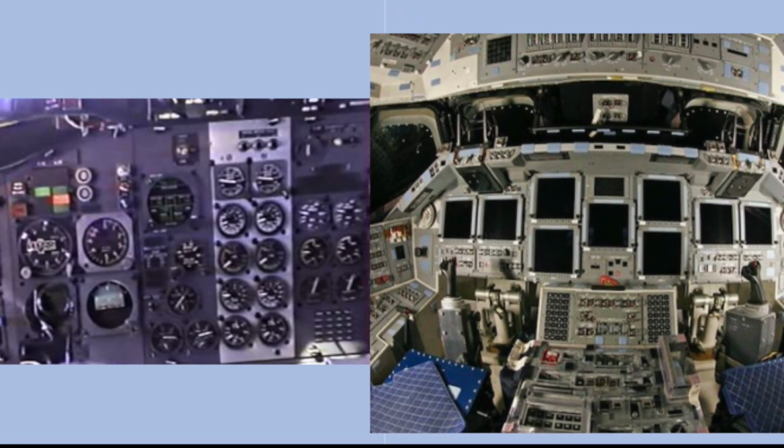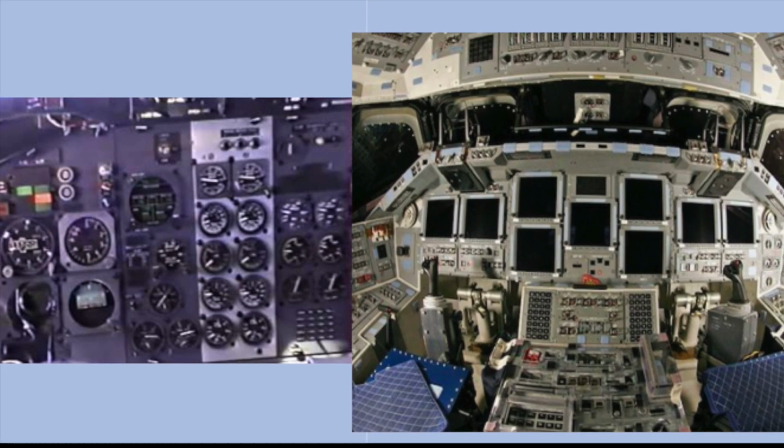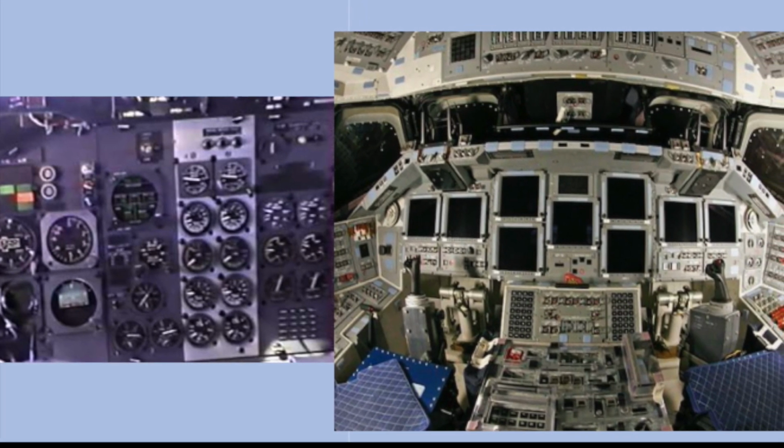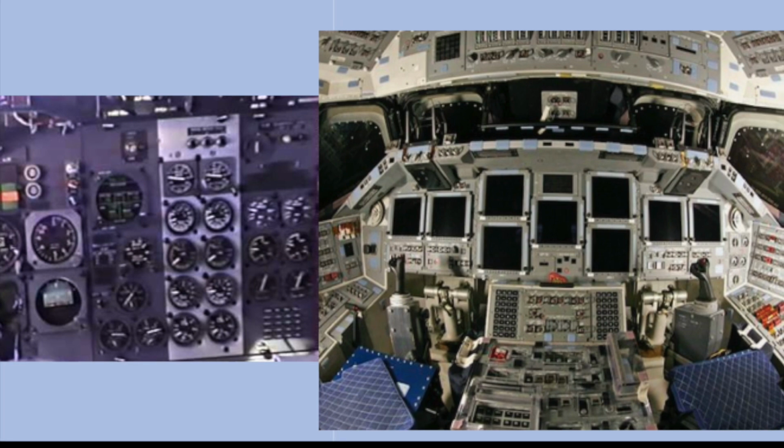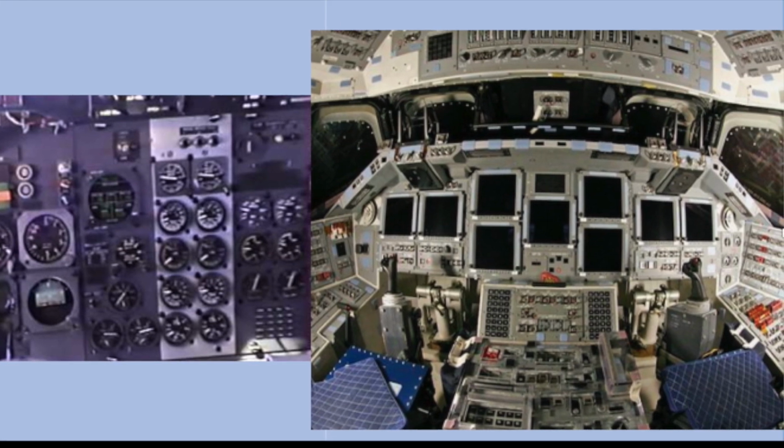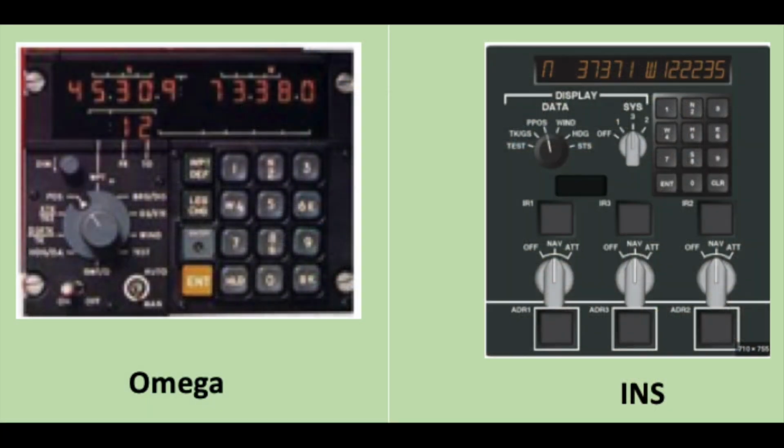We left the analog, which you see on the 707 panel, for the digital, and on the space shuttle. I talked about the system used, the inertial navigation, which was a standalone system. And the other system I mentioned briefly in the first video of the Navigator was the Omega.